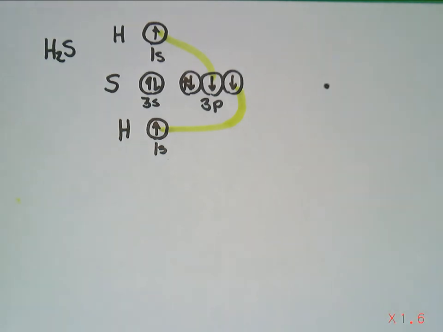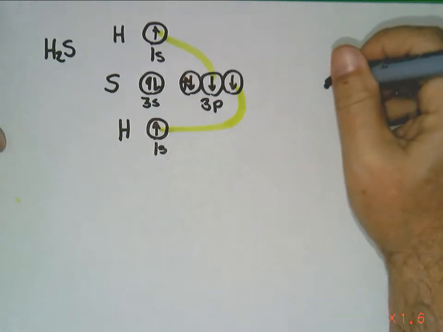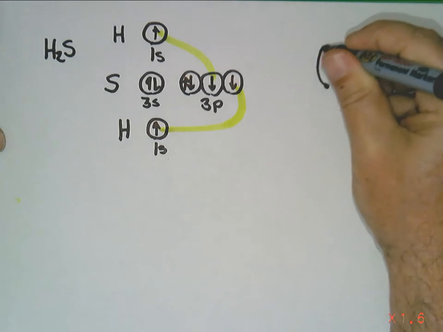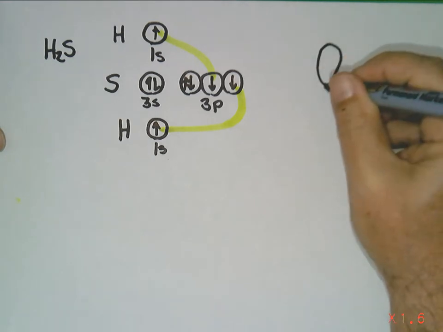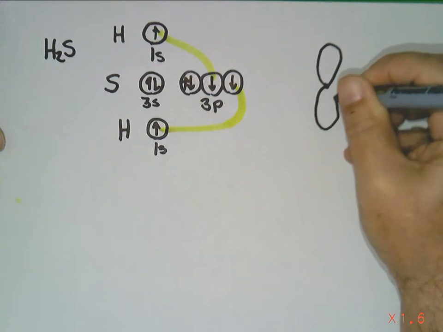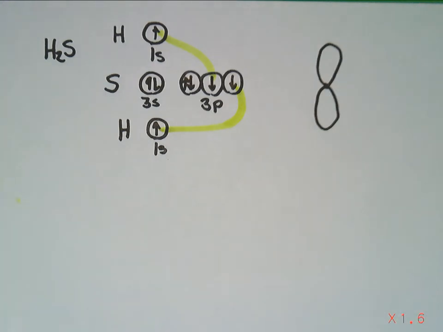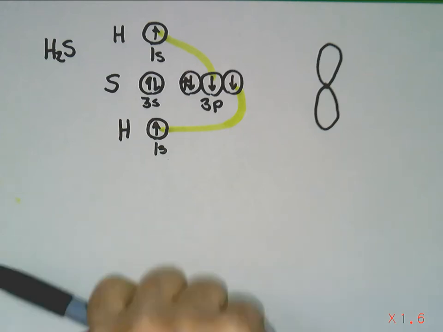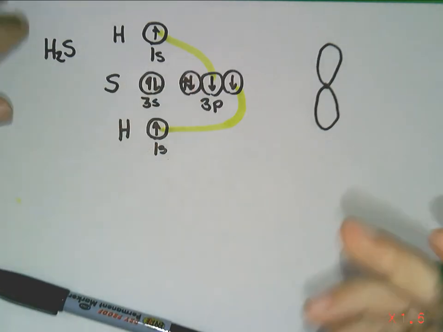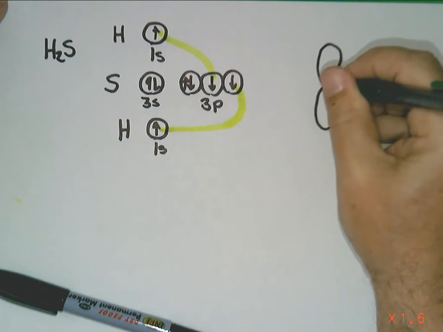Here's the sulfur nucleus. And here's a 3p orbital that I'm drawing going up and down like that. Now let me draw another 3p orbital, the second one, and it's going to be at right angles to that.